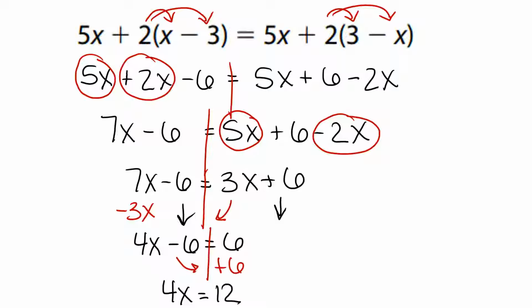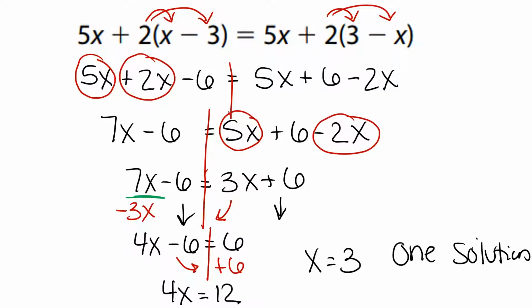Our last step is to divide. 12 divided by 4 is going to give us 3. X equals 3 is a one solution problem. If you looked back at the original problem, once we had simplified it, our slopes, 7x and 3x, are different.